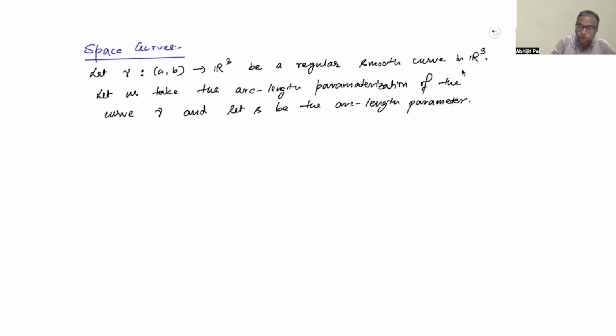So as before, what is the meaning of tangent vector? The tangent vector, in short I'll denote it as T. T at the point s is nothing but gamma dot s.